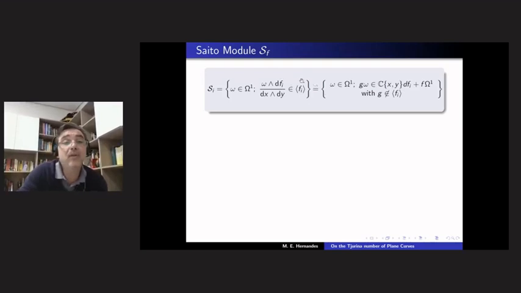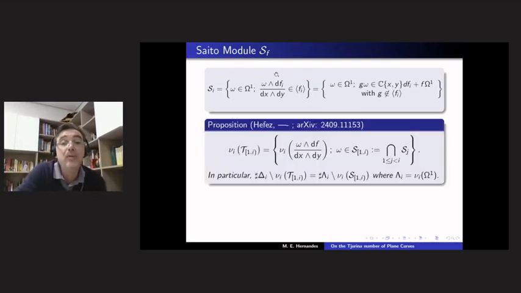Using this concept of the Saito module, we have the following result. The value set of the Tjurina ideal on branch i is precisely the value set of the wedge product of an element in the Saito module with the differential of f, where f is the equation of the reducible curve.